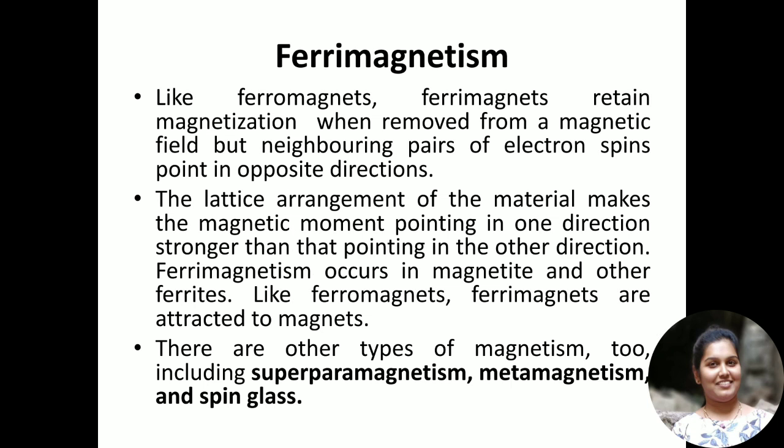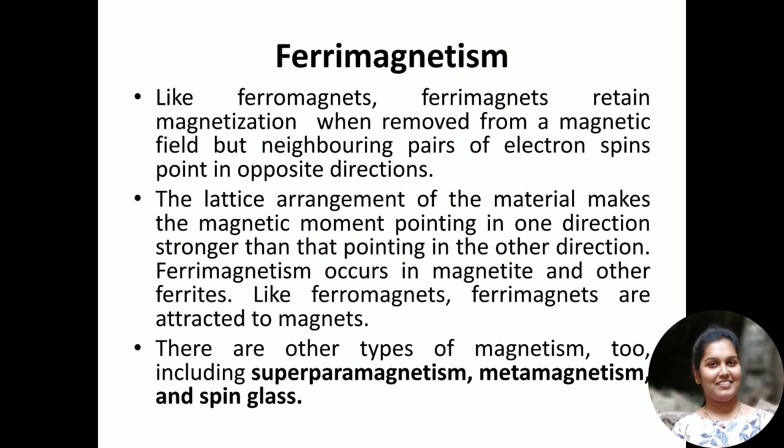The next kind of magnetism is ferrimagnetism. Like ferromagnets, ferrimagnets retain magnetism when removed from a magnetic field, but neighboring pairs of electron spins point in opposite directions.